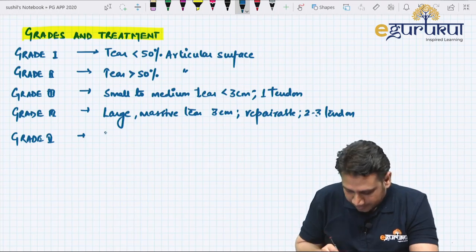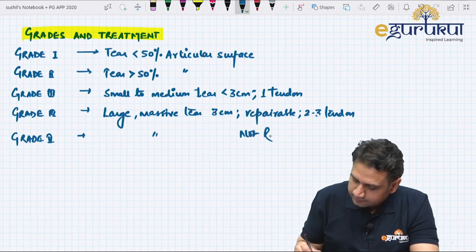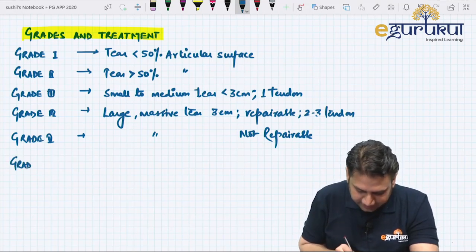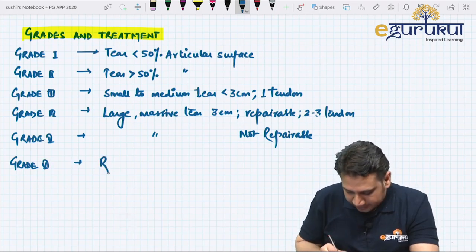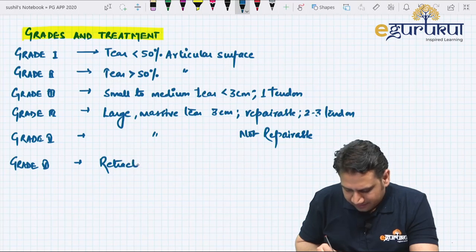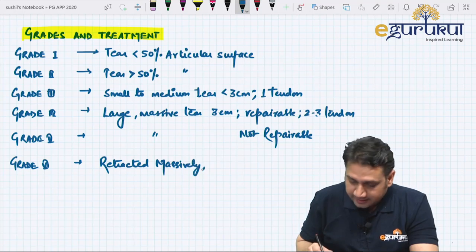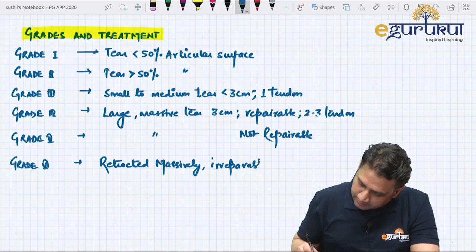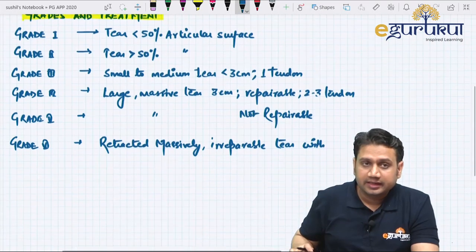Grade 5 is again a large massive tear, but then everything will remain the same, but it is not repairable. So grade 5 tears, they are not repairable, right? And grade 6, the last grade of injury that we have in the shoulder rotator cuff, these are massively retracted and irreparable tears with intra-articular involvement.